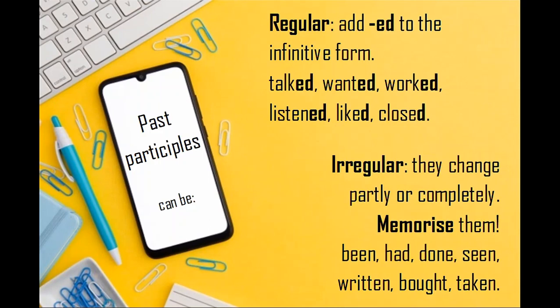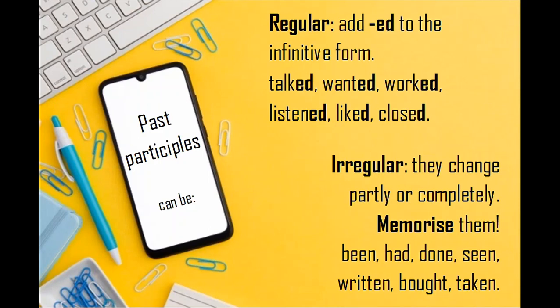Si comparan los irregulares con los regulares, van a ver que los irregulares cambian, pueden parecerse a la forma infinitiva, pero no hay un cambio regular como, por supuesto, en los participios regulares, que solamente se le agrega ed. ¿Sí?